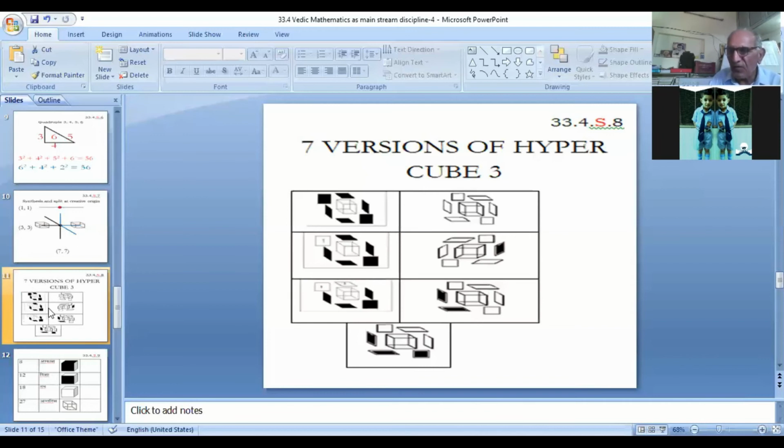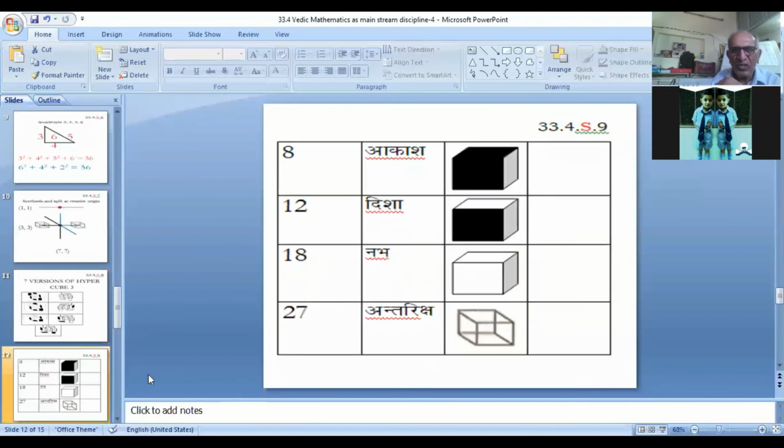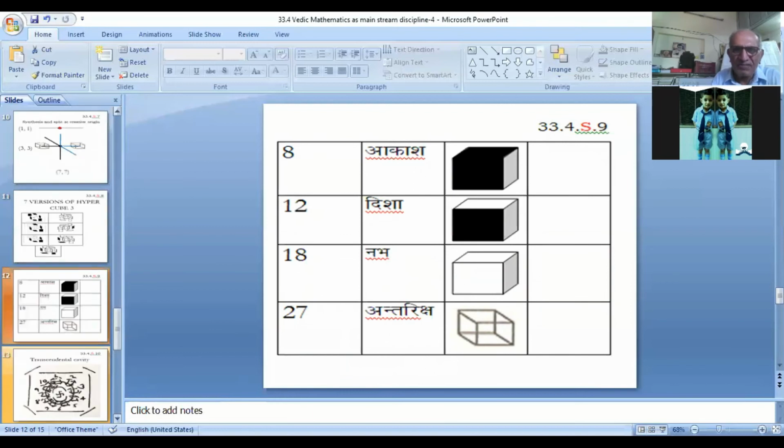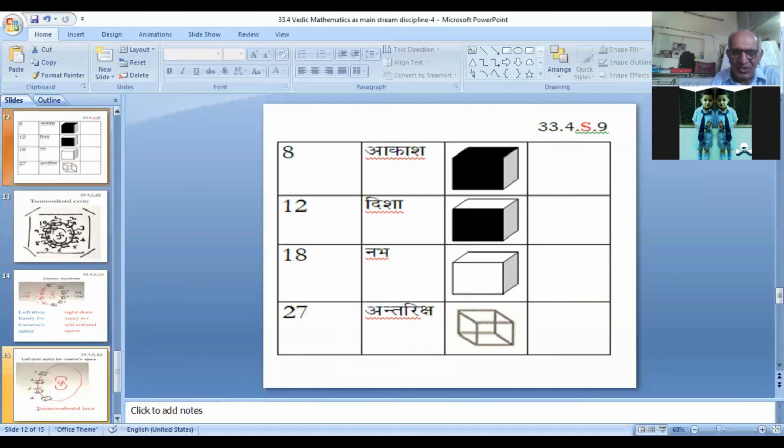It is here from where we can be face to face with the quadruple formulations: Akash, space; Disha, the direction; Nab, the sky; Antriksh, the ultimate space. Now the end reach of a space. These quadruple formulations are of TC value 8, 12, 18, 27.